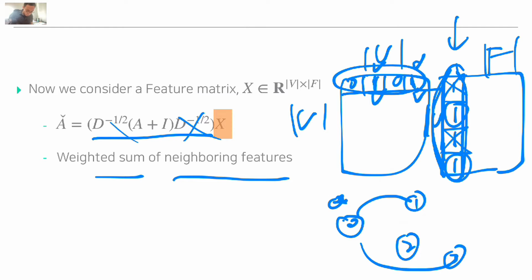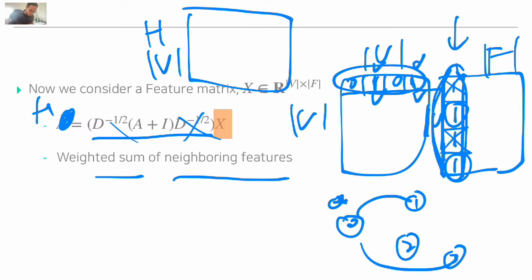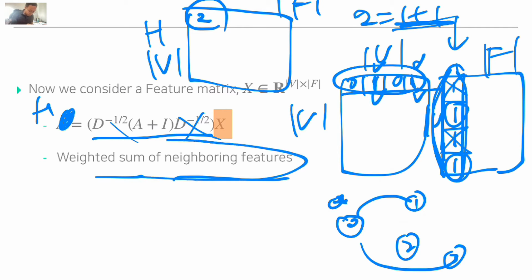And the final value for this H matrix, the final dimensionality will be V by F, right? In this case, the first value is 2, because it is from 1 plus 1, right? So it is called the sum of the neighboring features. It considers connected neighbors and sums based on the adjacency at the corresponding position.